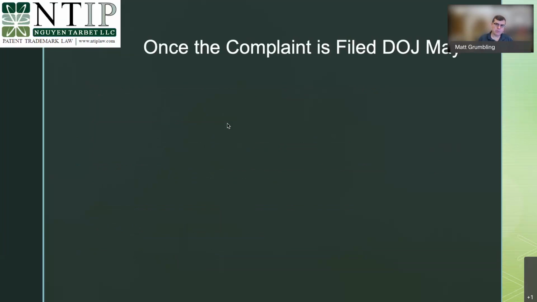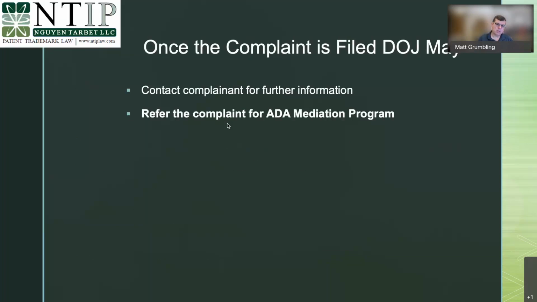So here are some things the DOJ may do when they get the complaint. They may contact the complainant for further information. And a lot of this is probably going to happen before you even become aware that there's a problem, right? You may not get notice of any of this until the DOJ has done some of it.